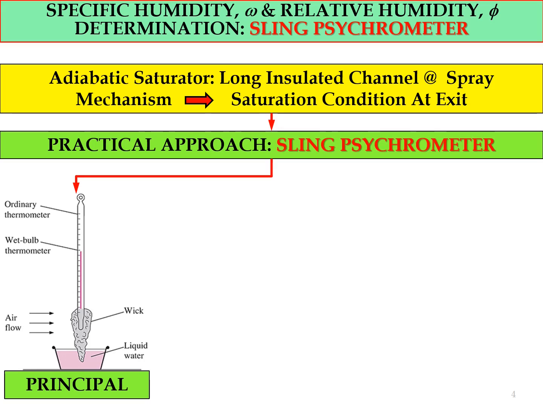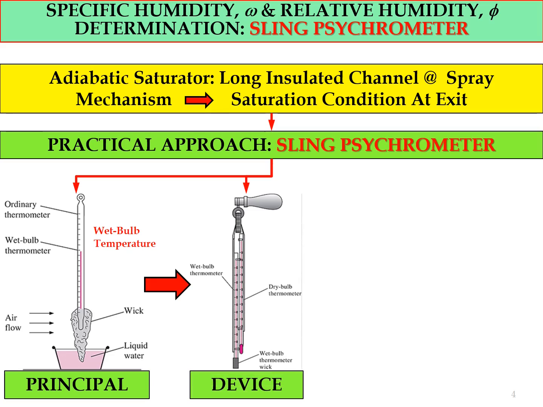Okay, so this kind of thermometer will measure the wet bulb temperature, and we call it the wet bulb thermometer. This is the basic principle of the sling psychrometer. The device, as shown in the figure, consists of two types of thermometer.